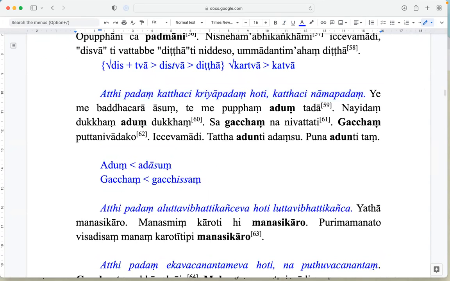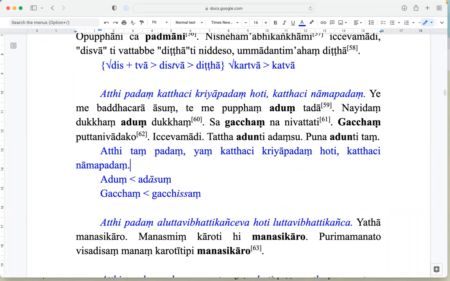So it should be ati dambadan yan, kataji kiriya badan hoti, and then kataji nama badan.